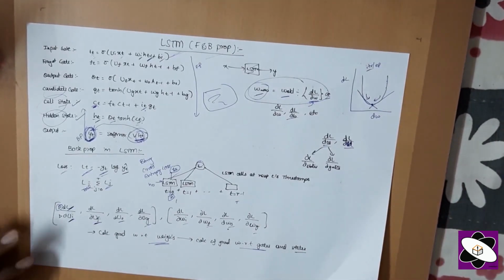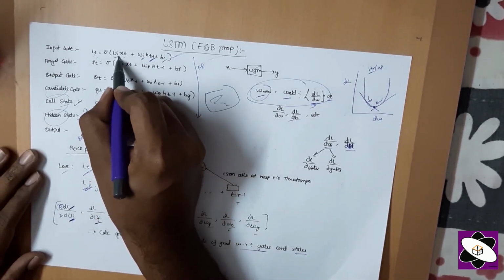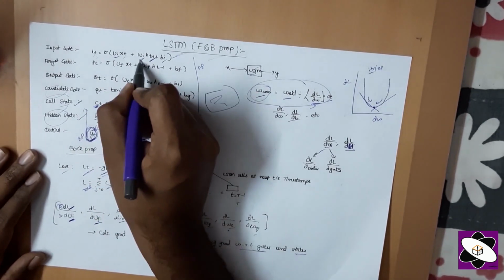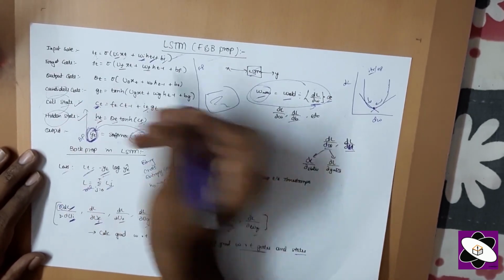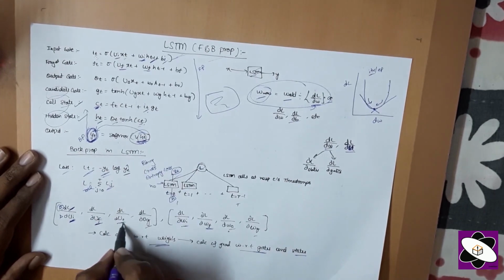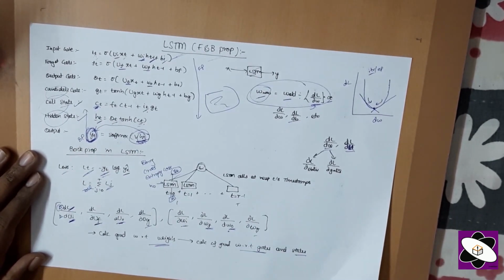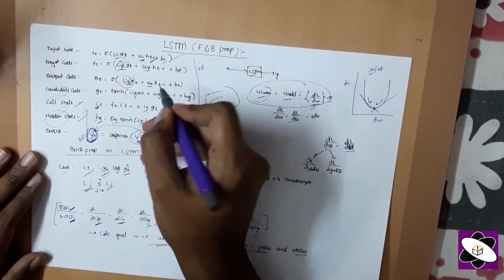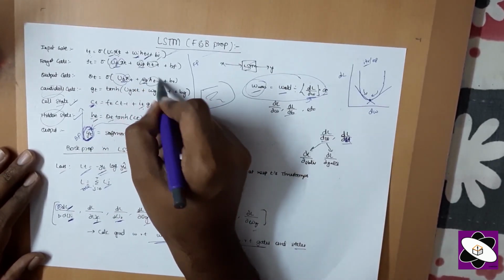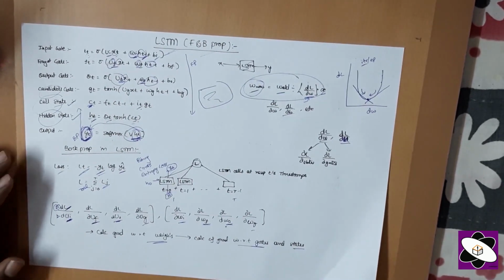As I said, I is the input gate, so we have the UI weight and WI weight over here, and UF is the forget gate with UF and WF weights over here, and then the output gate weights, and here the U weight and W weight. The U weights are for inputs and the W weights are for the previous hidden state, or previous output, going to the cell.